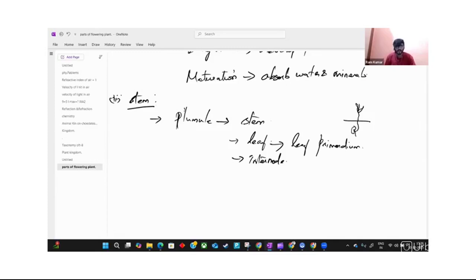Characteristics of the stem. The stem is usually an aerial portion. It is positively phototropic.